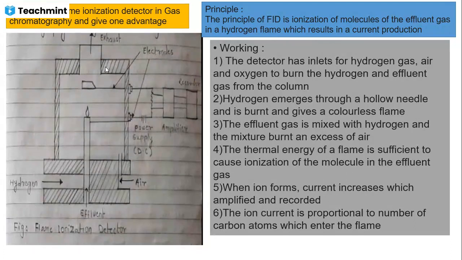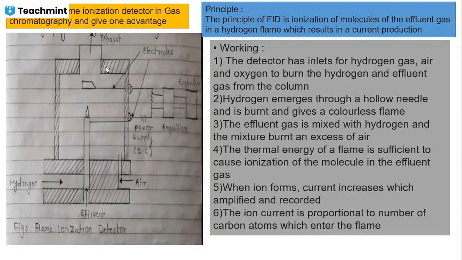Are you getting this point? When the effluent comes to the flame, it will burn, and after burning there will be separation of the ions, dissociation of the ions.